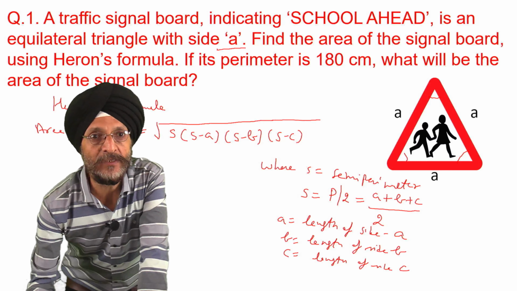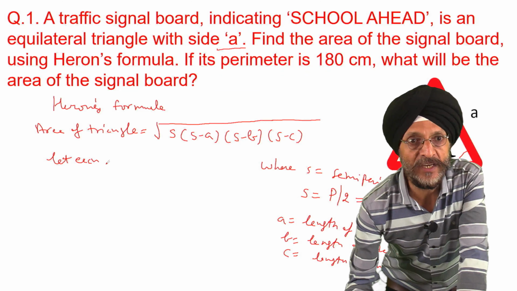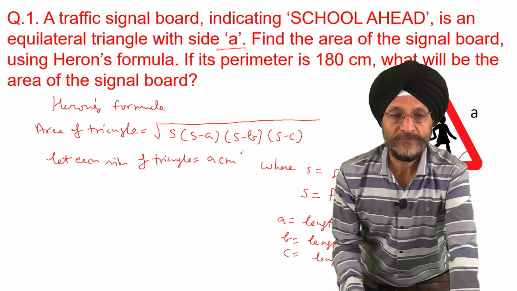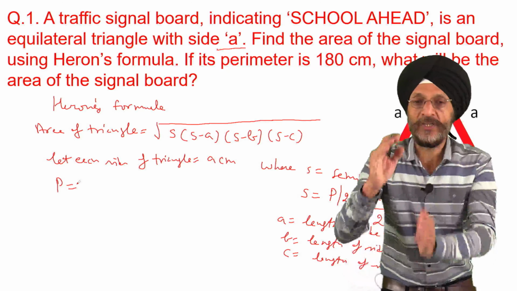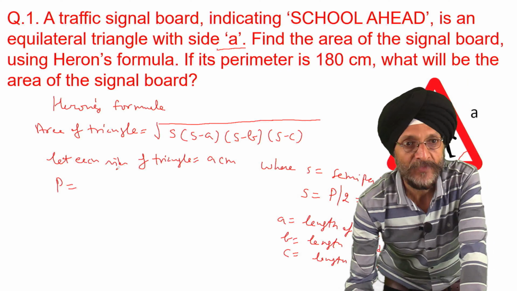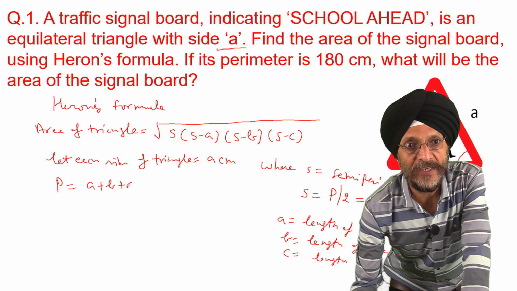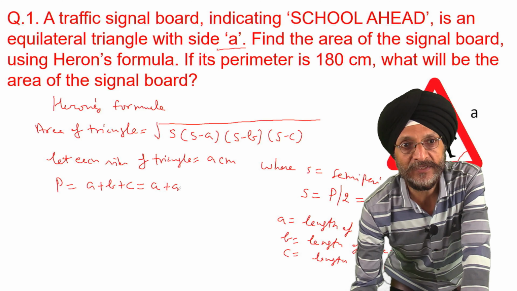Let us presume that each side of the triangle is equal to a centimeter. So now what is the perimeter? That is the total length of all the sides. All the three sides are a, b, c. We can also write it as a plus a plus a.